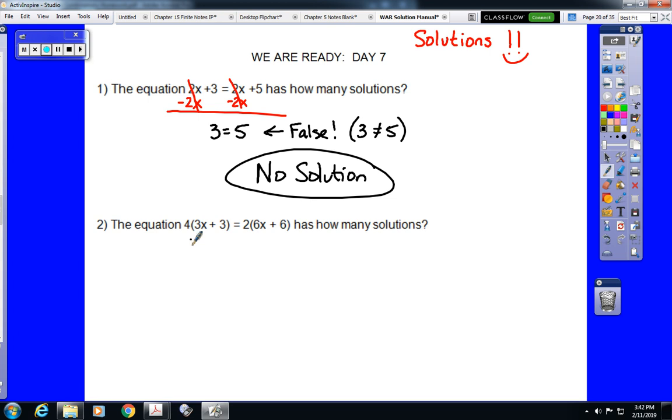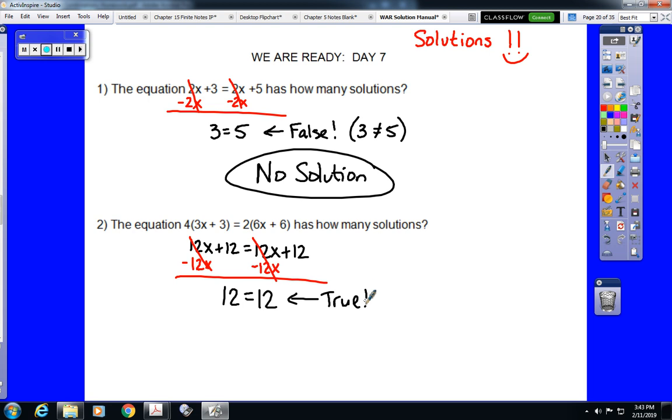Similarly, on the next problem, if we distributed and then went to solve by subtracting the x's so that they would be on the same side, they drop out again. But this time, we're left with 12 equals 12. So we look at that statement and go, oh, that's true.